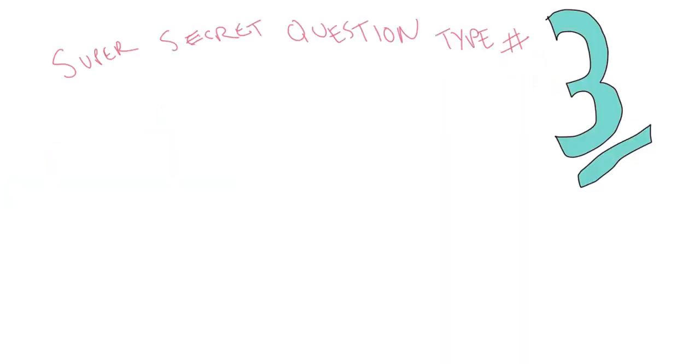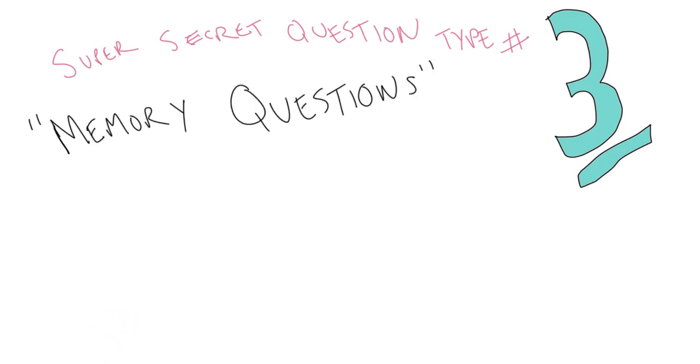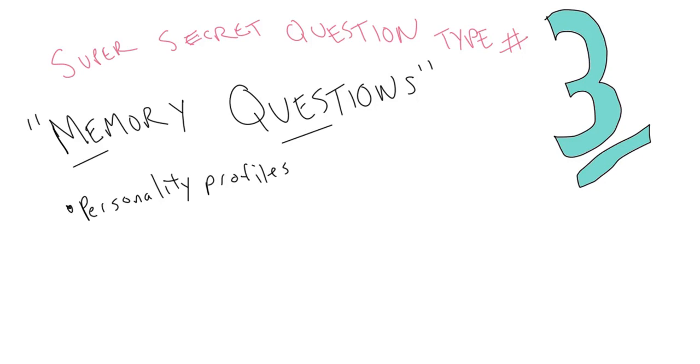Now, there's also a super secret question type number three. In his book Radical Write, feature writing guru Bobby Hawthorne calls these memory questions. You only need this type of question in certain situations. Usually you would want to use them if you're writing a personality profile, so you're really getting into an article about one person and who they are and what they're about.